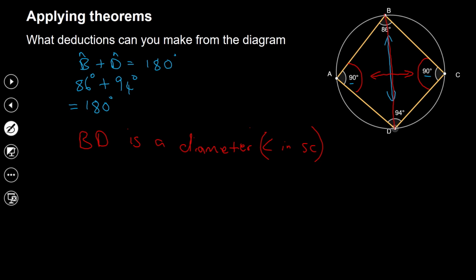The other deduction that somebody might say is ABCD is a cyclic quadrilateral. Really, you can say that, but it's not really a deduction. Why? Because already the 4 points are on the circumference of the circle.